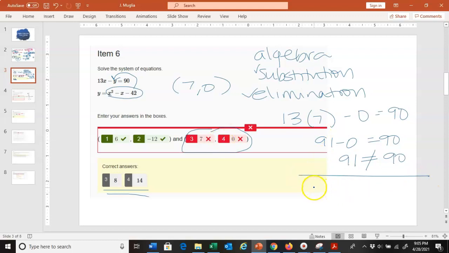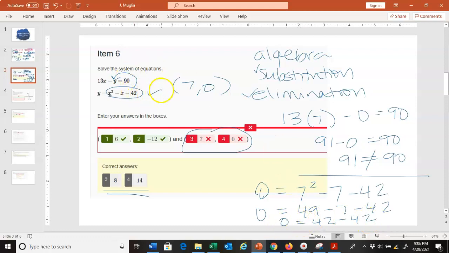If we plugged in 0 for y and 7 for x, 49 minus 7 minus 42. 49 minus 7 is 42, and 42 minus 42 is 0. So it does work in the second equation, which means that it belongs to that second graph. In order for it to be a solution, it would have to belong to both. So that's why this point is not part of that answer.